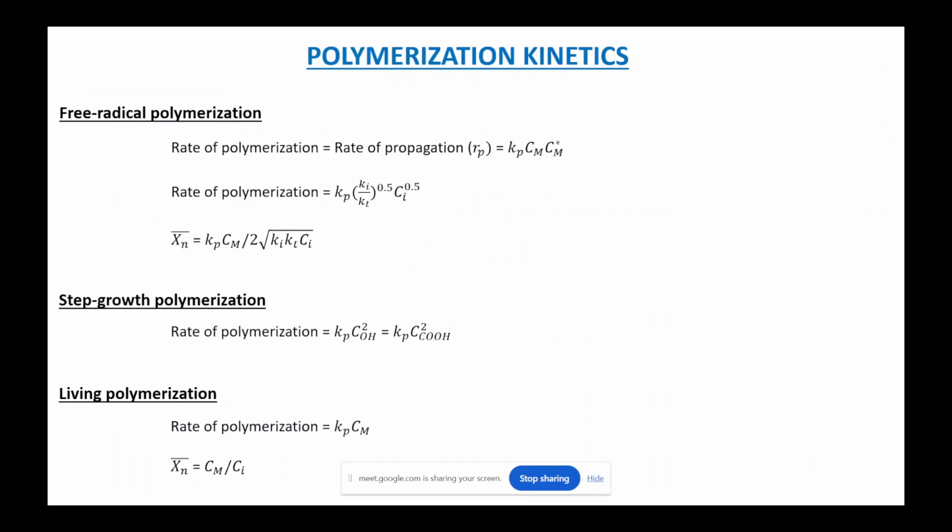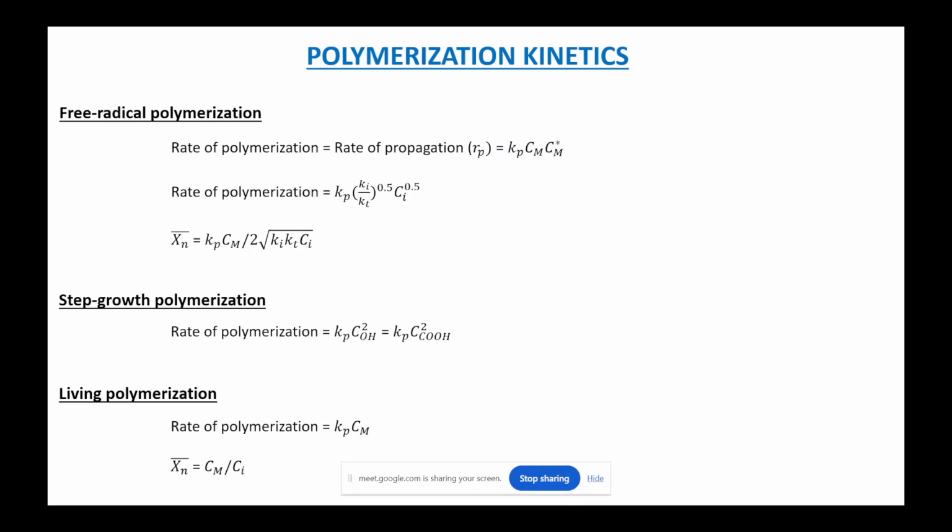So, polymerization kinetics. Here we typically discuss how polymerization is affected, or what the different parameters or variables are that affect the polymerization process. As all of us know, the route to form a polymer out of a monomer is not the same.